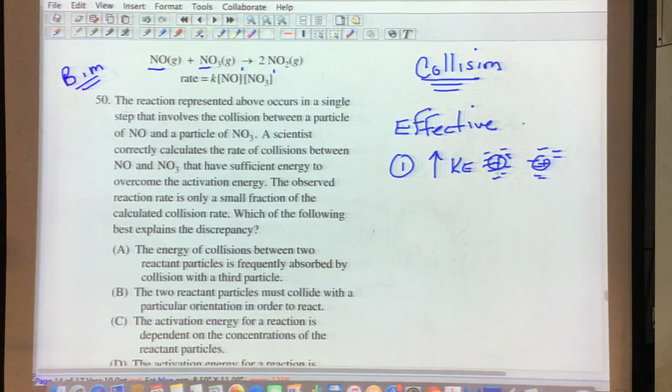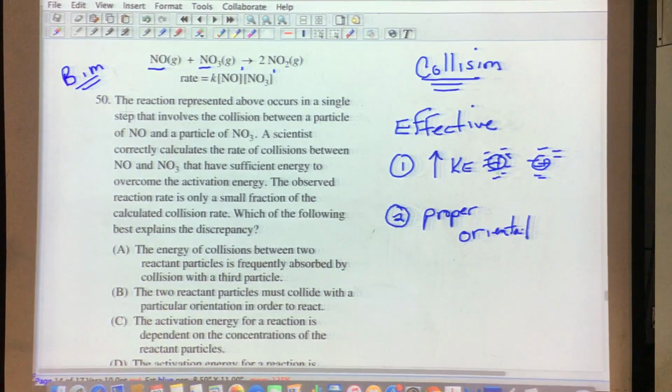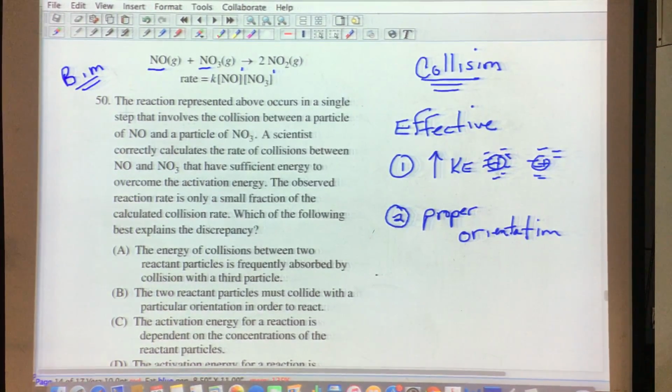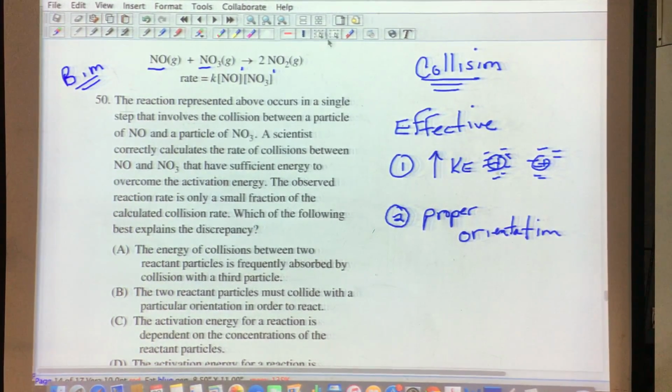That's activation energy. And the second one people forget, and that's what this question is, especially for big molecules, is you have to have proper orientation. Why is that? Well, in big molecules, there are going to be places where bonds can be broken and where they can't be broken. Case in point, you guys learned about pi bonding.